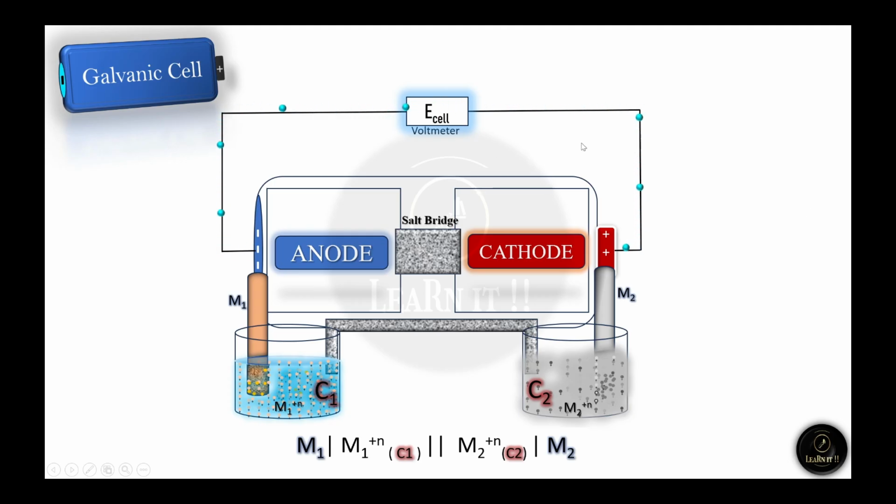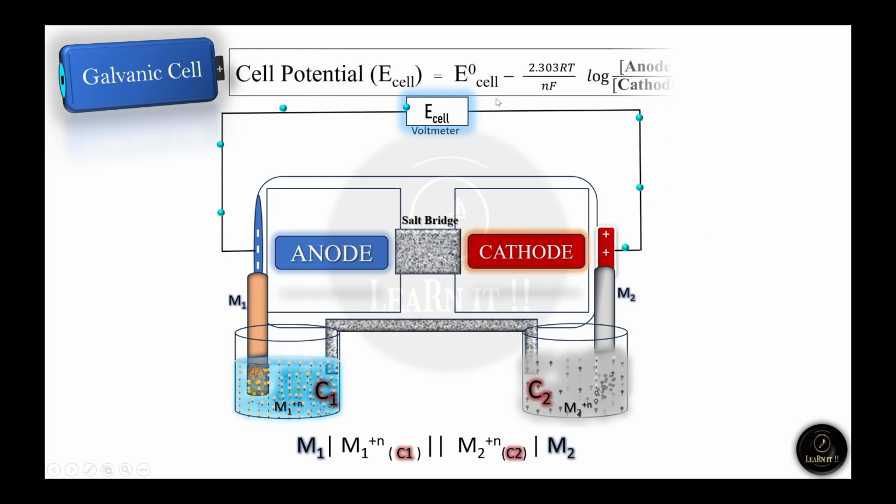The cell potential is calculated by the formula E of the cell is equal to E0 of the cell minus 2.303 RT divided by nF log of concentration of the anode, or left hand side, divided by concentration of the cathode.